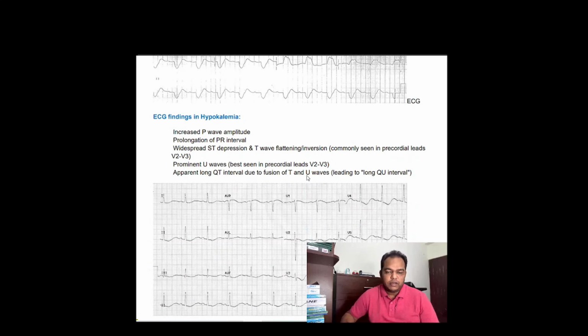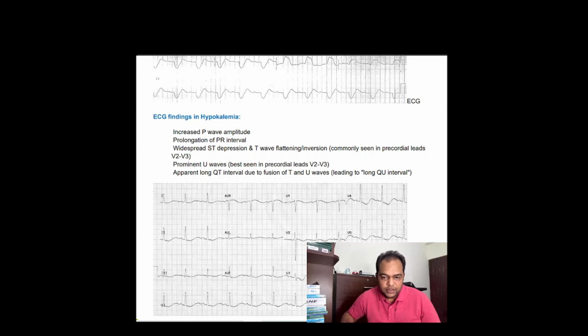Now, hypokalemia. What are the ECG findings of hypokalemia? You can appreciate PR interval prolongation, and there may be T wave inversion. This is T wave inversion, and there may also be a prominent U wave.